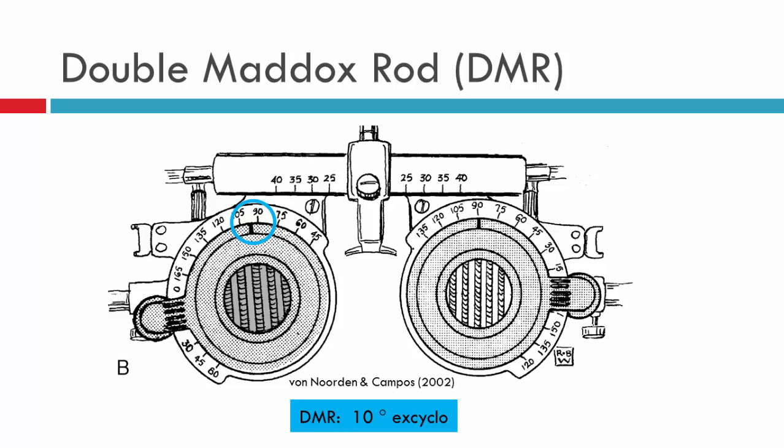And remember, all you're interested in is the difference between the first position, in this instance 90 degrees, and where the patient places the Maddox rod, in this instance at 100 degrees, and this will be the indicator of the amount of torsion, the difference between those two positions.